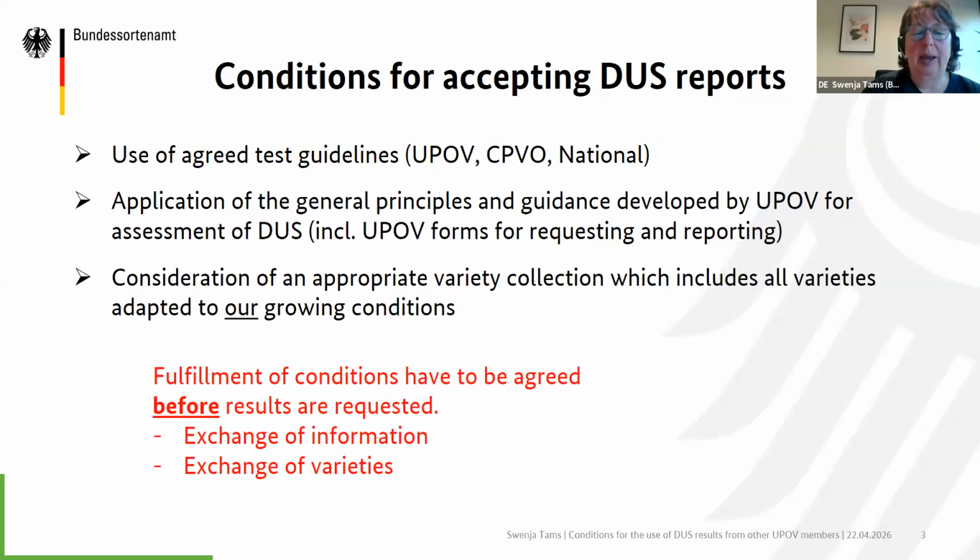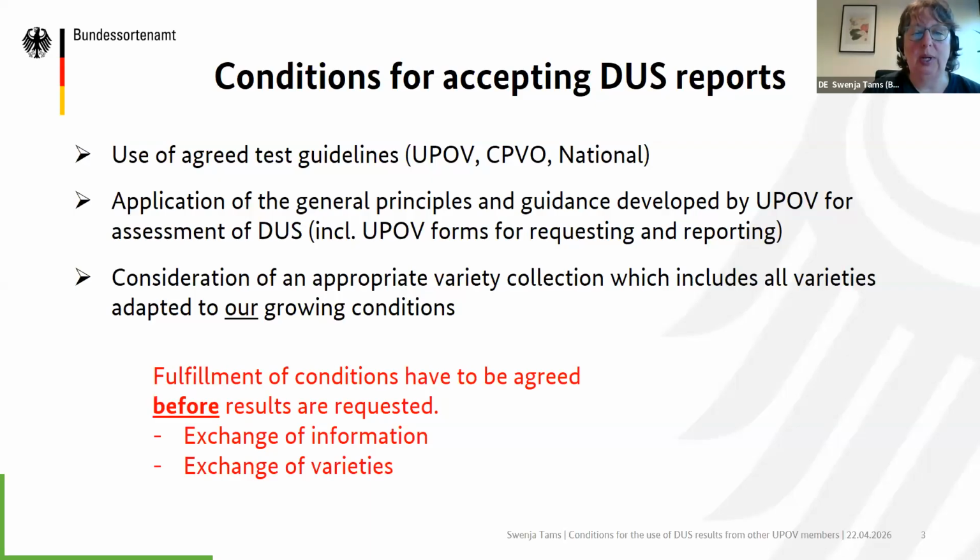So the fulfillment of these conditions has to be agreed before results are requested. We do it by exchanging information with the testing or the possible testing authority in advance. We also exchange varieties. We may provide material. It's really to have a discussion on a colleague level. What are your considerations, or what is the consideration of the testing authority?